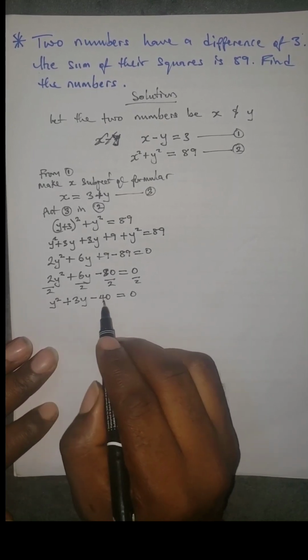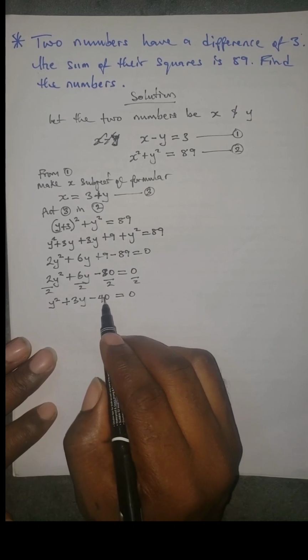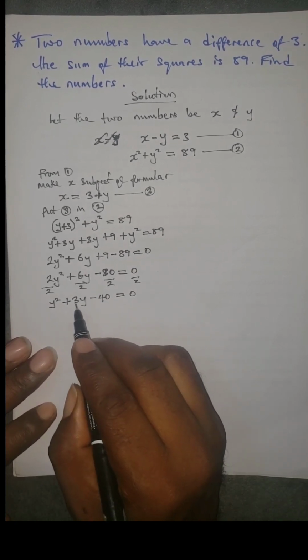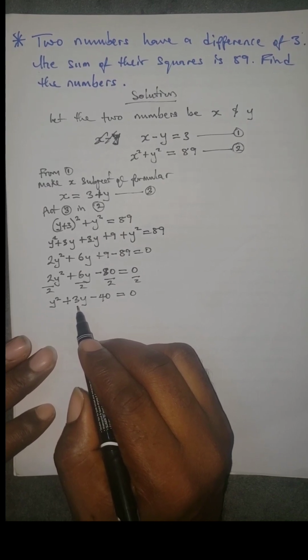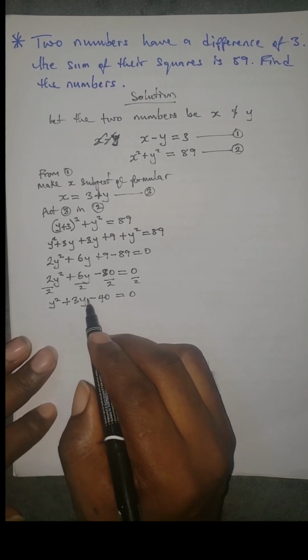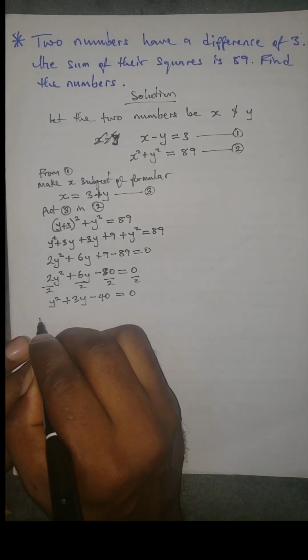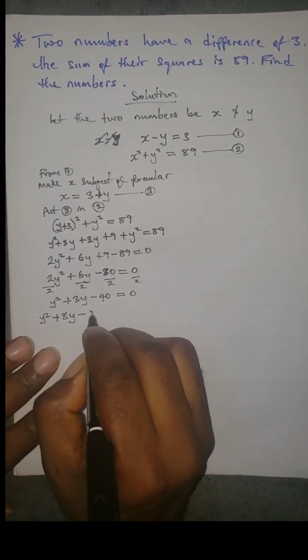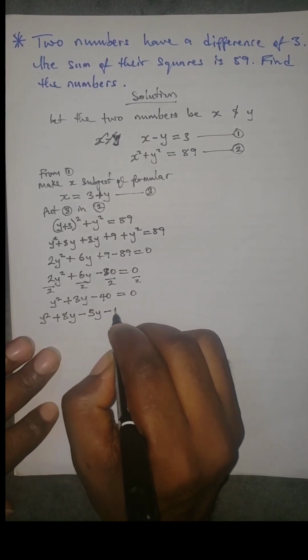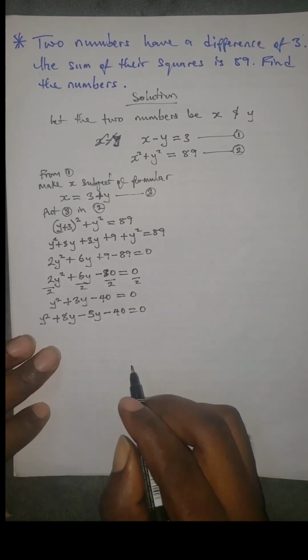So two numbers that multiply to give me minus 40, and when I add them, I will have 3. So I think 8 times minus 5 will give me minus 40, and 8 plus minus 5 will give me 3. So I will use that: y squared plus 8y minus 5y minus 40 equal to 0.